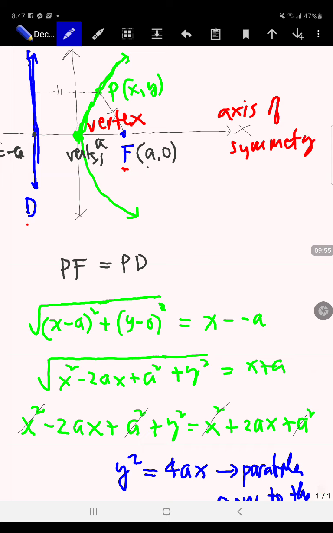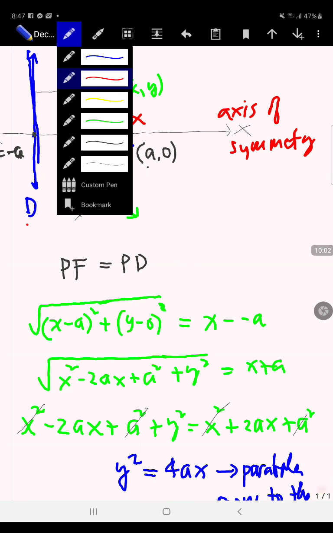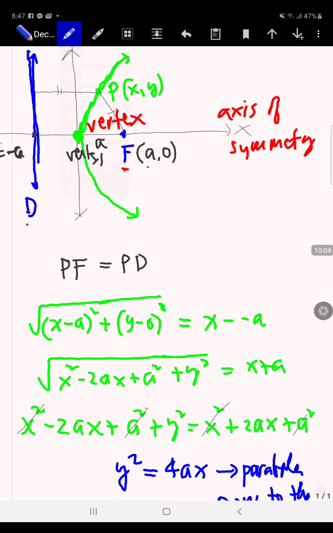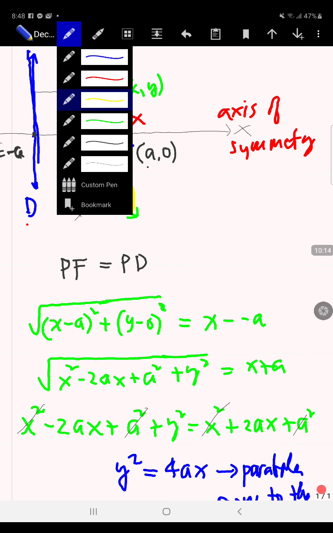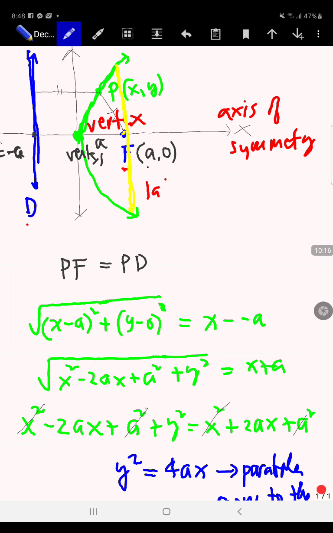If we look at the line segment that passes through the focus and is parallel to the directrix, meaning this chord, it is called the latus rectum.